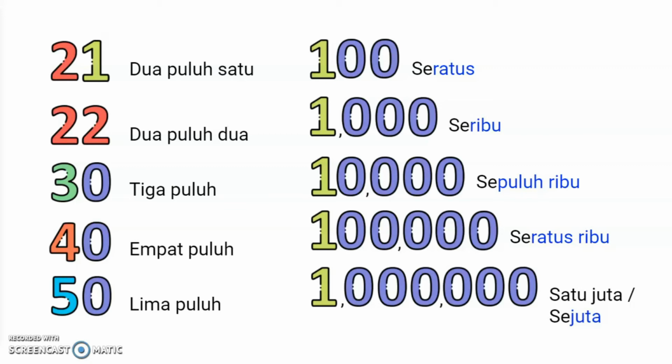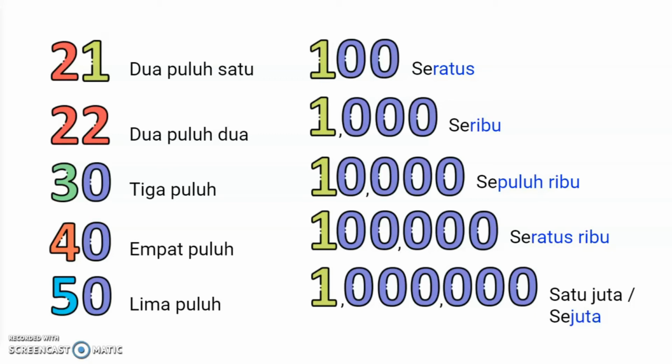1,000 in Indonesian is called seribu. 10,000 in Indonesian is called sepuluh ribu. For easy reference, count the number of zeros at the back of the number.